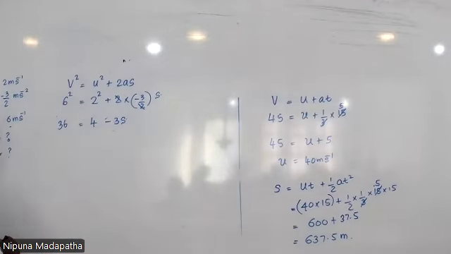So we make it positive. The acceleration is 3 over 2. Taking the 4 to the other side, 3s equals 32, so the displacement is 32 over 3, which is 10.67 meters.